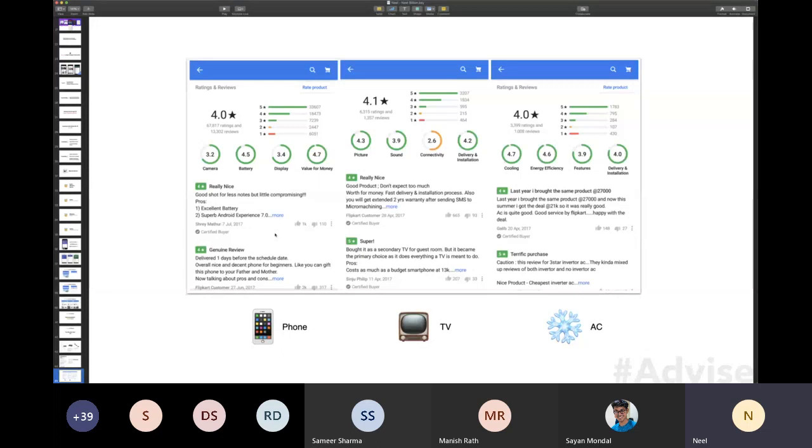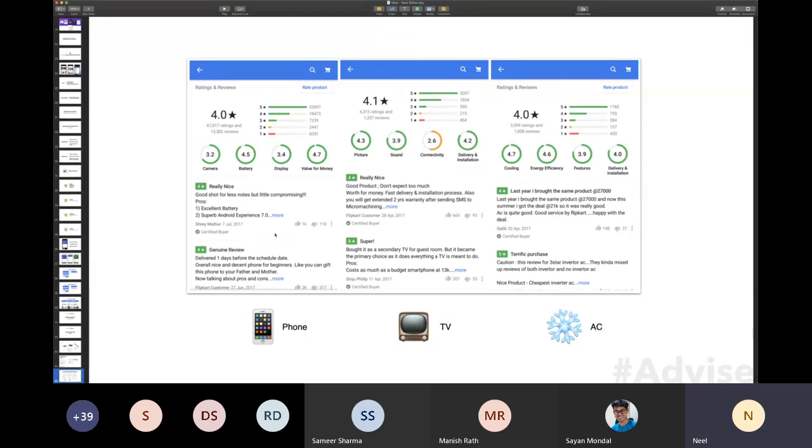When it comes to ratings and reviews, based on the type of product you're looking at, we help you understand the various aspects of that particular device. For example, if you're looking at a phone, we show you differentiated ratings for camera, battery, display and all. For TV, we change to picture, sound, and the delivery and installation services offered. Similarly, in AC, the most important things are cooling and efficiency.